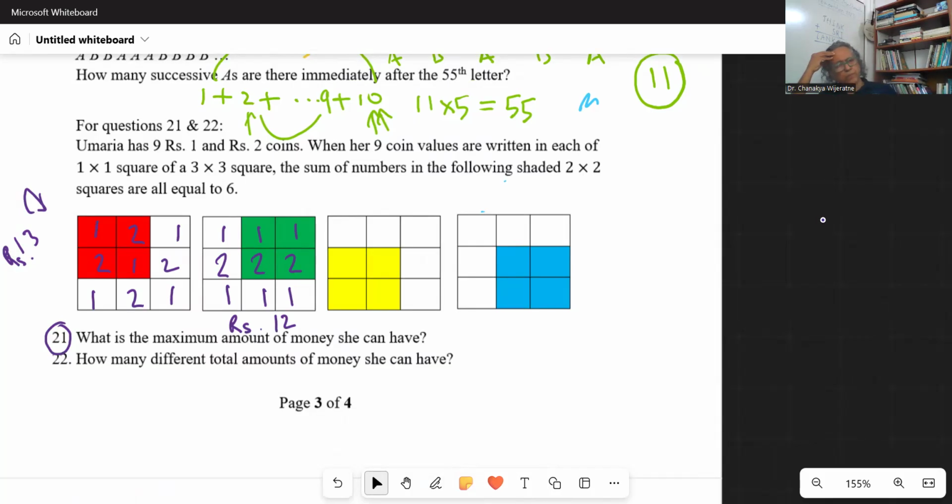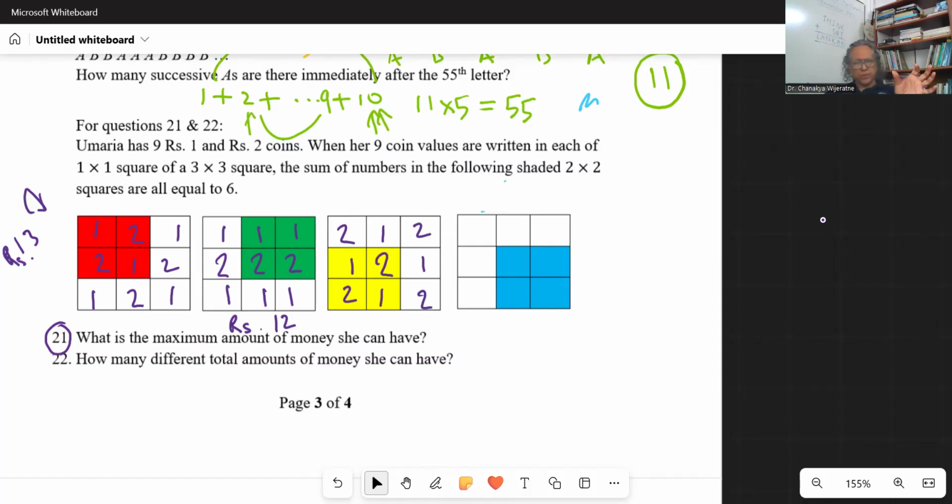Is it the only way? So how about like this? We put a 2 in the middle and 2 at the corners, and 1 in the other small squares.